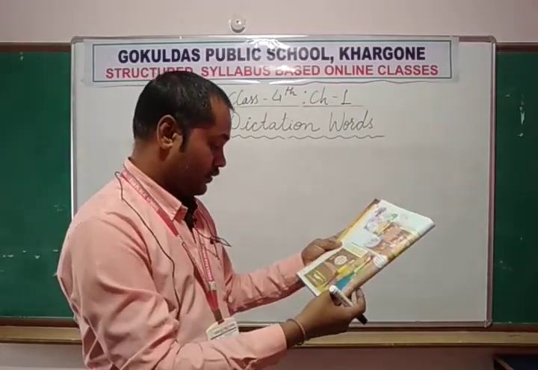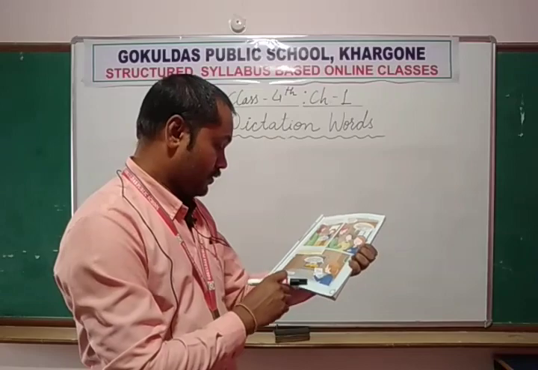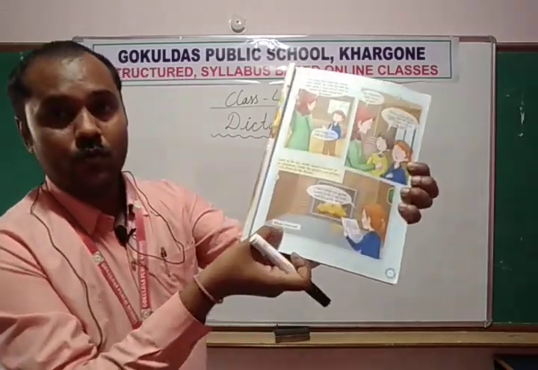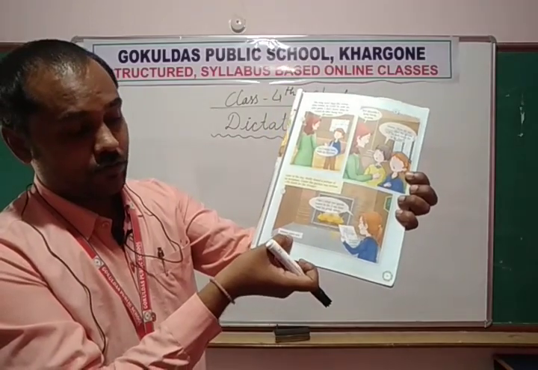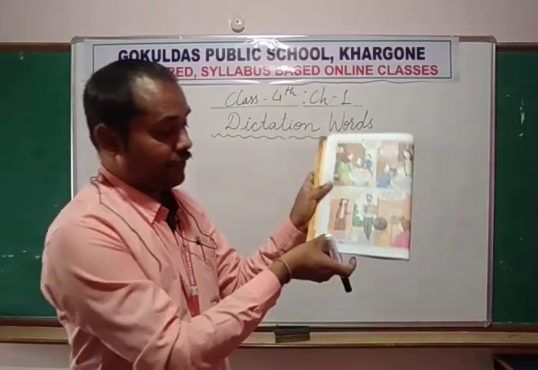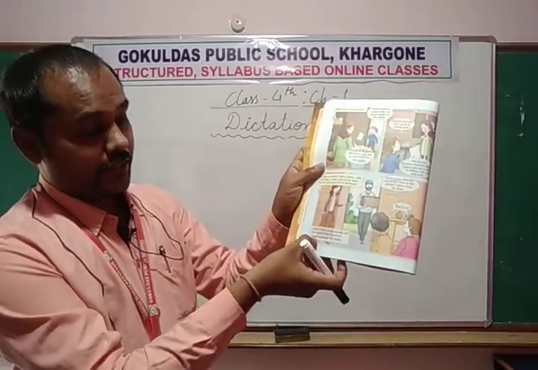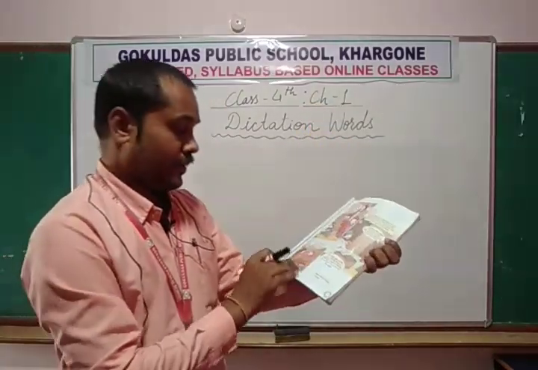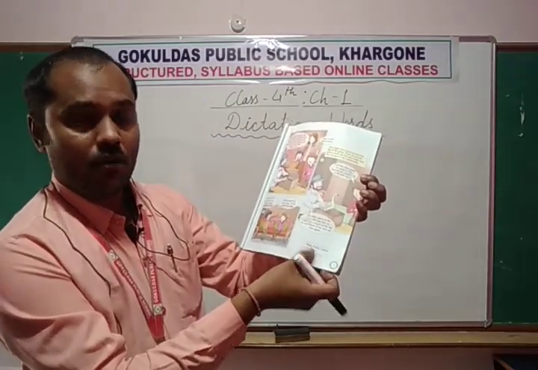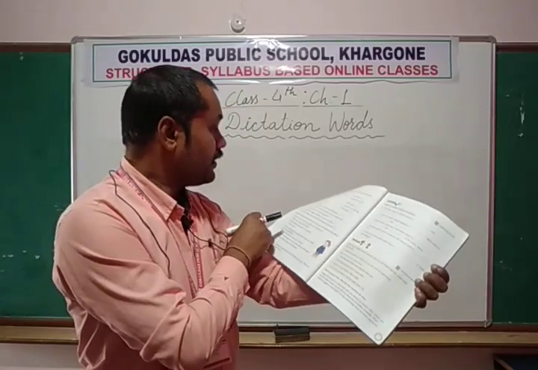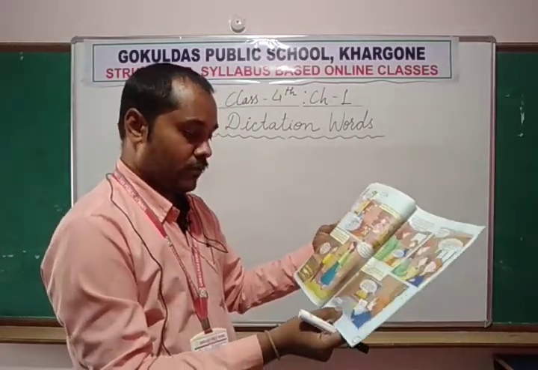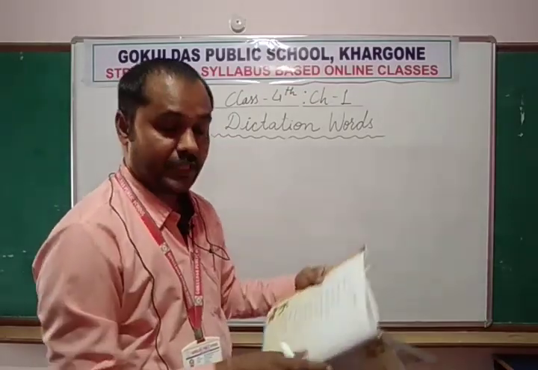On page number 3, we have one word, ensure, to make sure. On page number 4, we have two words, rate and ranger. Then on page number 5, we have the word meaning flock. So like this, we have 4 word meanings in this chapter.